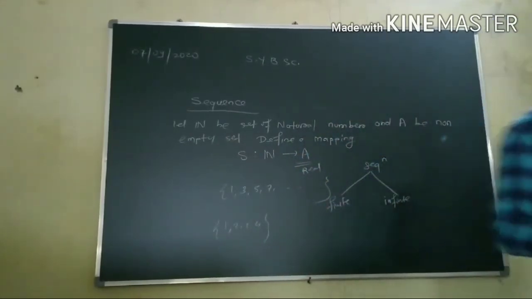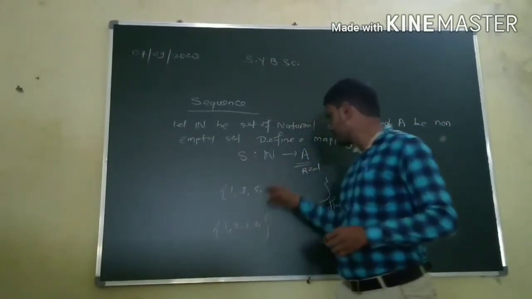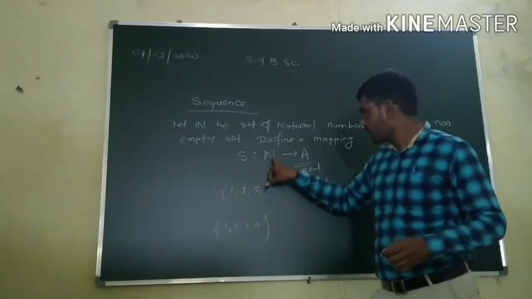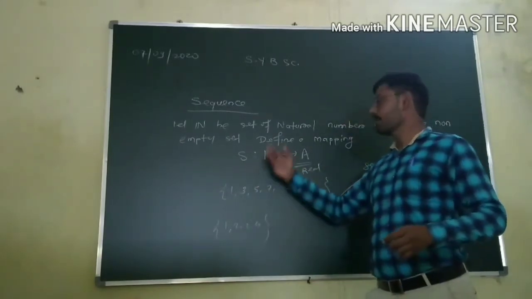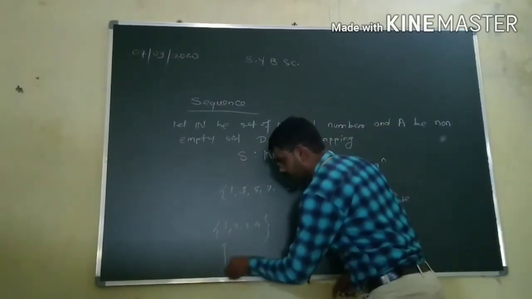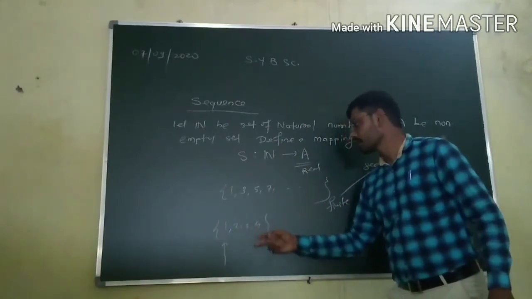Okay. So we are saying this is a sequence, and this is the definition of a sequence. So how can we interpret this in terms of the definition? See, here the first element is 1, second element is 2, third element is 3, and fourth element is 4.